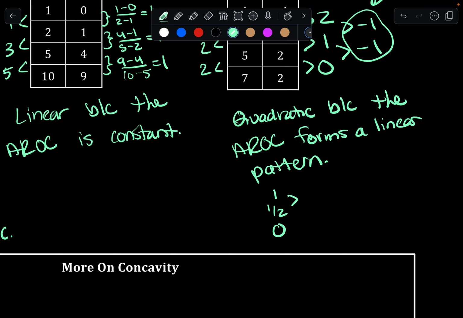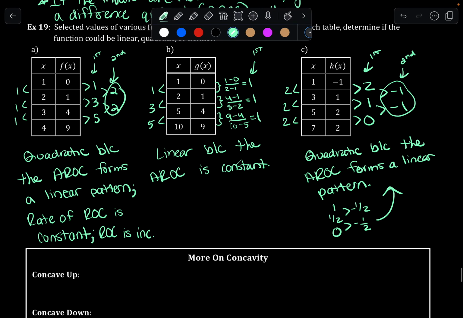That would be -1/2, and then this would also be -1/2. So you would still get a quadratic, okay? Because this is consistent, 2, 2, 2, we can just focus on the outputs and get the same answer as if we did average rate of change. All right, hope that helps. I know that was long, but it's important that you understand how these common differences work.